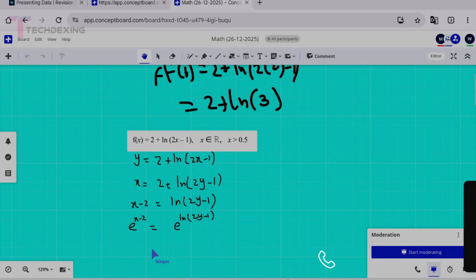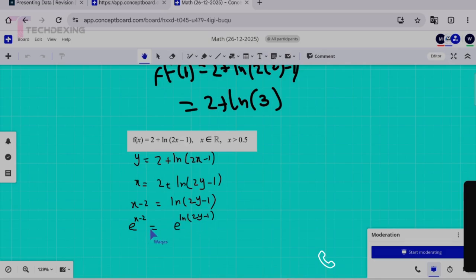No, I'm not using any calculator over there. I'm saying if we want to remove the natural log, ln, we can apply the exponential function on both sides in order to get rid of ln, so that we can free the y and then find the expression for y, right?